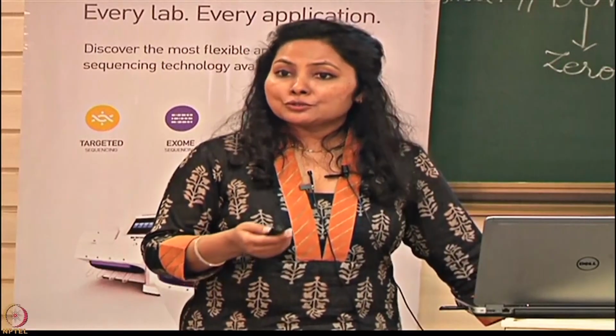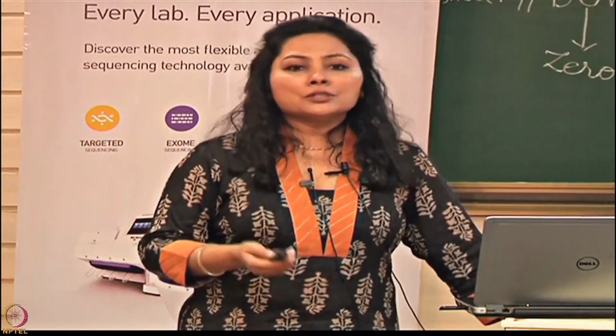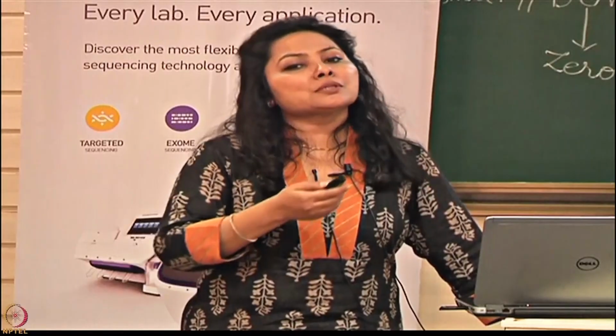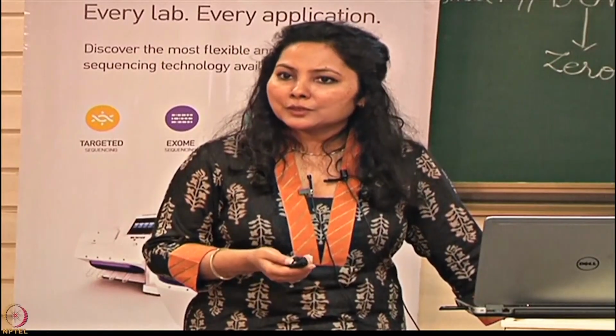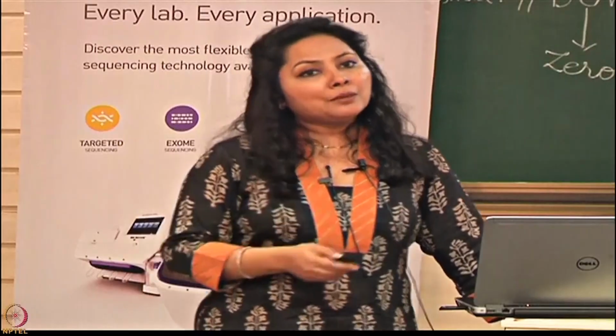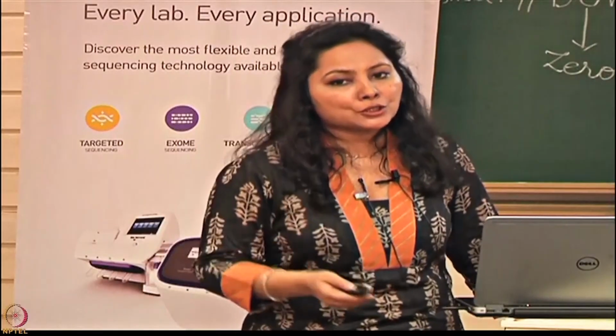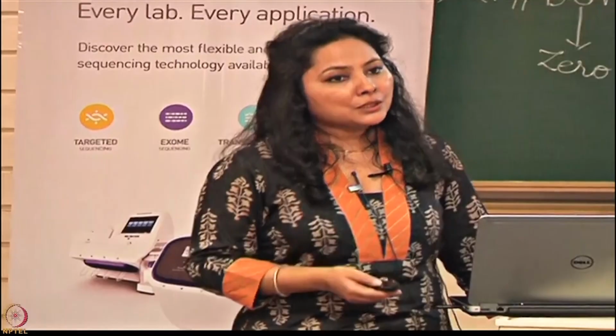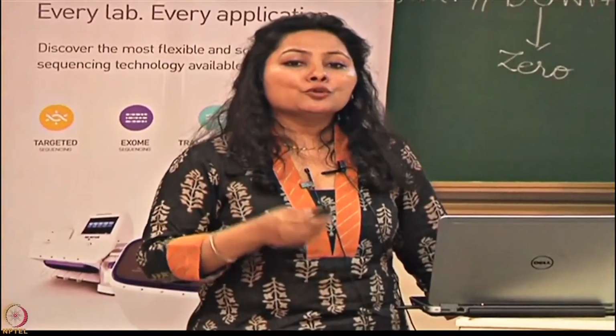For targeted sequencing, you would need to enrich those targets first, and then only you can go for the sequencing. For whole genome sequencing, since your aim is to sequence whole genomes, you do not need any enrichment. You will just extract DNA and go forward for library preparation. So library preparation is basically a collection of fragments, whether DNA or RNA, which you finally want to sequence.